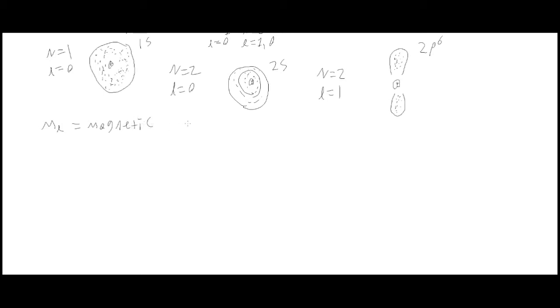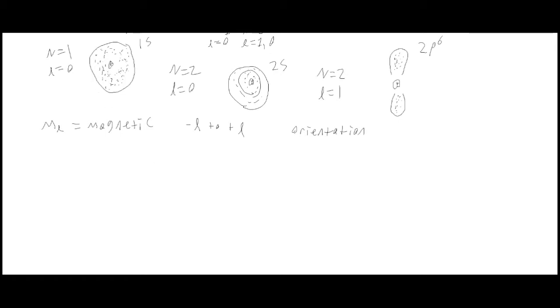And this quantum number always ranges from negative l to positive l. And this, like I was just saying, determines the orientation of these orbitals.